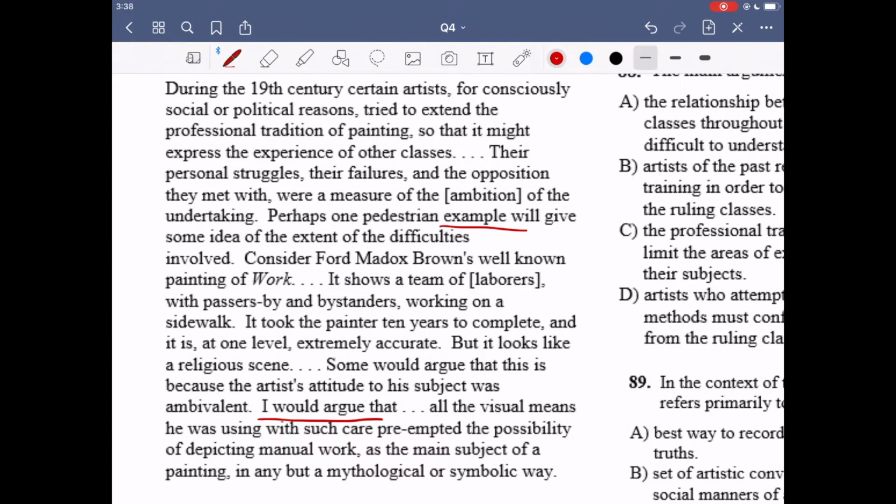The upper class cares a lot about, I guess, during the 19th century, depicting scenes from religion and making them very symbolic and beautiful in a certain way, that it's not just an everyday scene that you see when you're just walking down the street. There's more to it. So even though this person was trying to paint an everyday scene, they were limited by their training. So once again, limited by training.